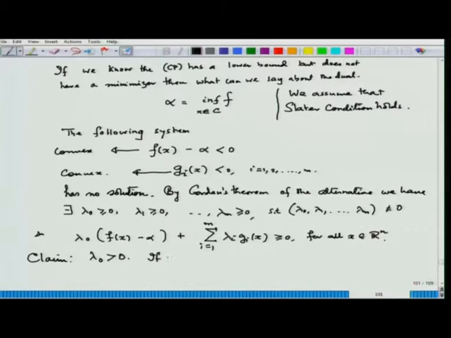If not, then lambda naught is 0, and this would imply that this expression is now greater than or equal to 0, this expression vanishing because you put lambda naught equal to 0.